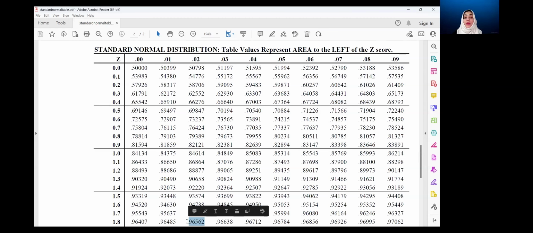Why is it so high? Because this probability value is actually the probability of z being smaller than 1.82. And this table does not tell us the probability of z being greater than 1.82. So we will have to do one little extra calculation to find that out. And it is very easy. It can be done using the laws of probability that we have already seen.